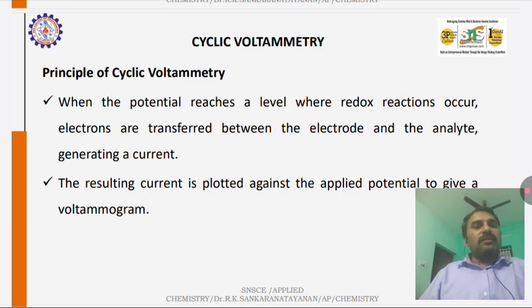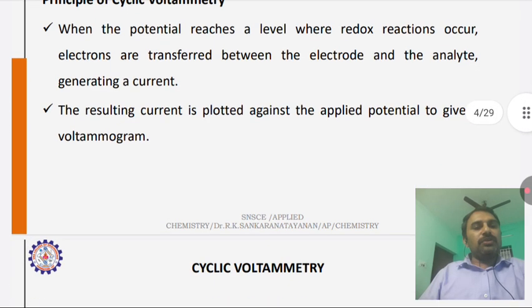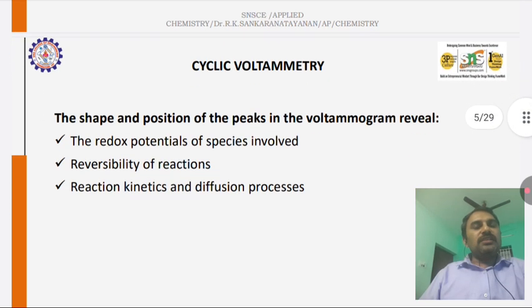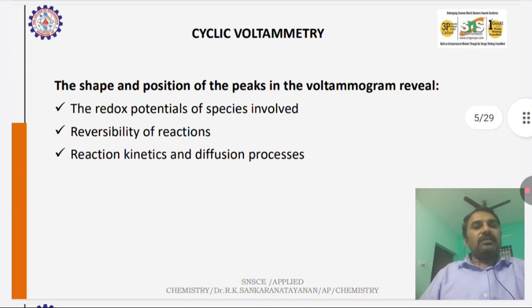Now, how do we plot the graph? The applied potential gives the voltammogram, plotting current against applied potential. These are the concepts we use in cyclic voltammetry. The shape forms a triangle, with an upward curve and a downward curve.